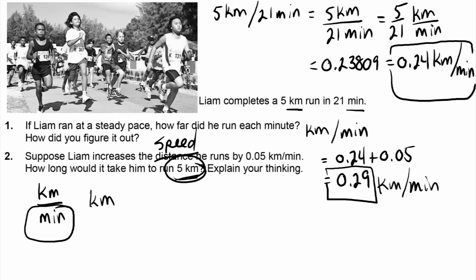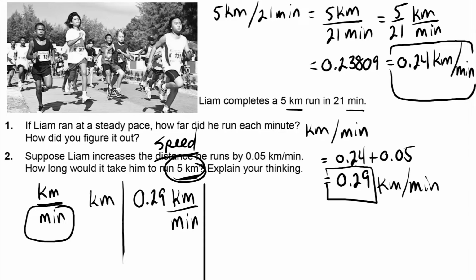I know that I need to end up with minutes, so I've got to get the minutes up top. Right now I've got 0.29 kilometers per minute, so I want to get my minutes into the numerator. I'm basically going to turn this upside down: 1 over 0.29 minutes per kilometer. And I'm going to multiply that times my distance, which is 5 kilometers.